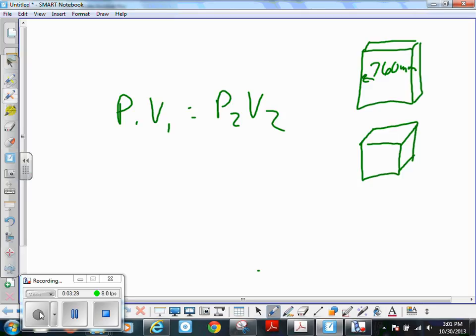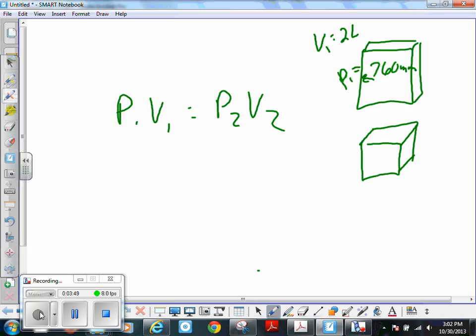And then let's say that the volume of this cube is 2 liters. So this would be P1, the initial pressure. This is V1, the initial volume.